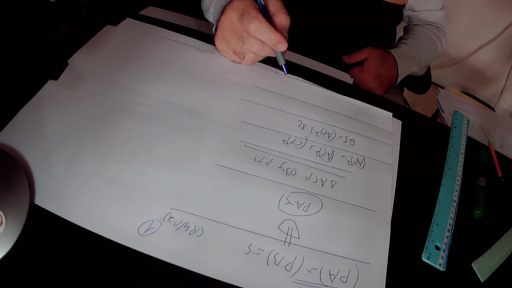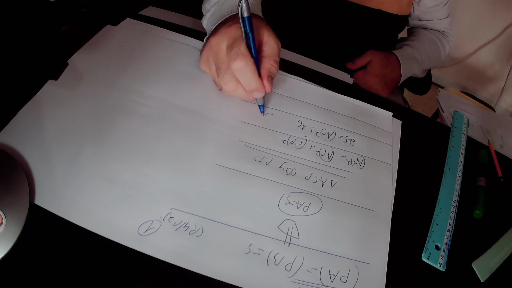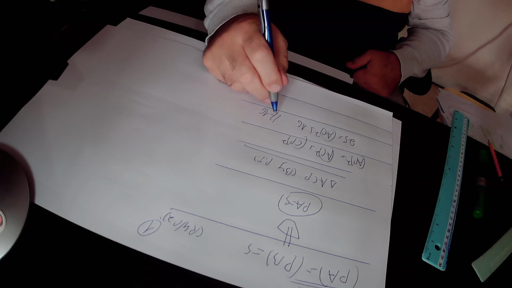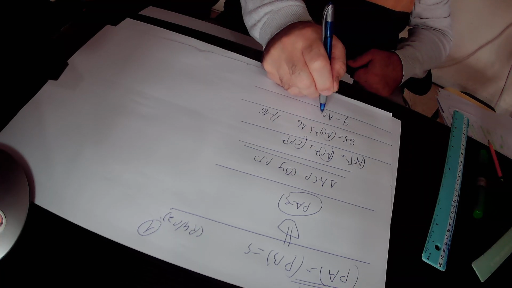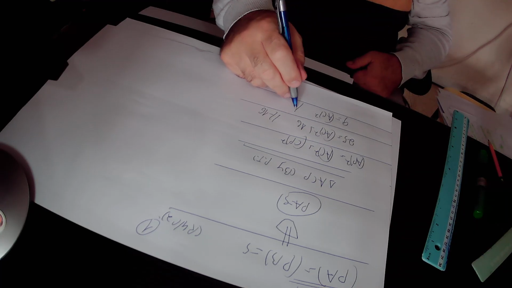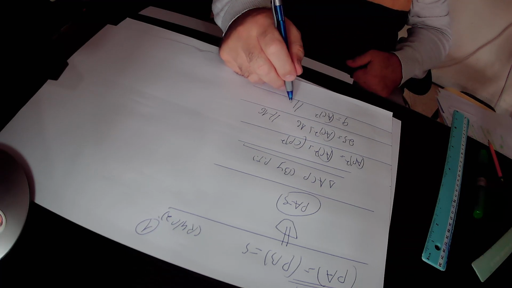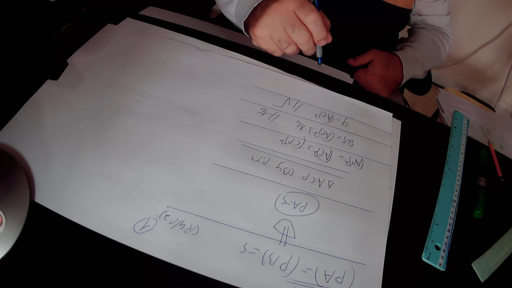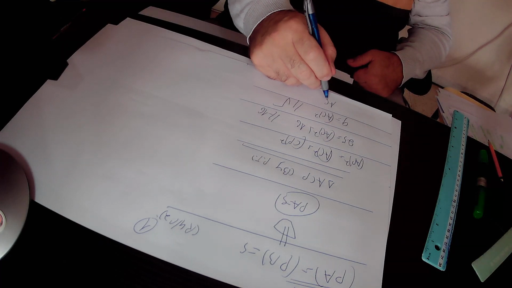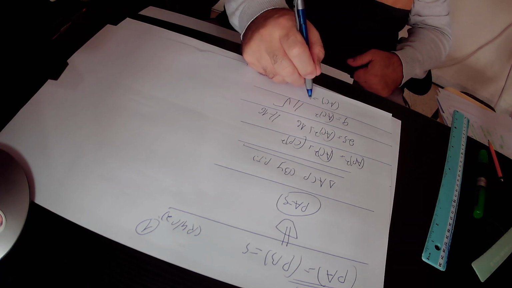Here we subtract 16 from both sides and get that 25 minus 16, which is 9, equals AC squared. Here we take the root of this equation and get that the length of the missing side AC is equal to the square root of 9, that is 3.